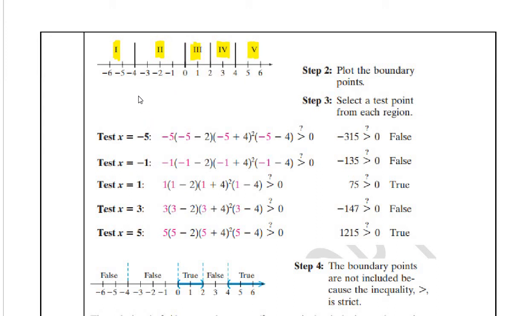So now we take any value in the first region. We took -5. And we saw that it is false, because -315 is not greater than 0. Then we go to the second region. We find any value there. We took the -1. Substitute it in. We see it's false again.